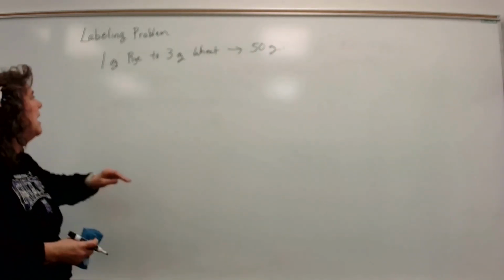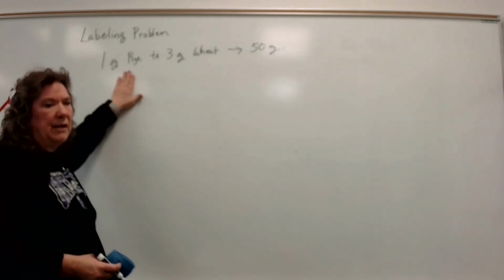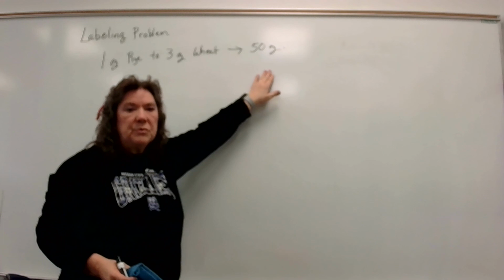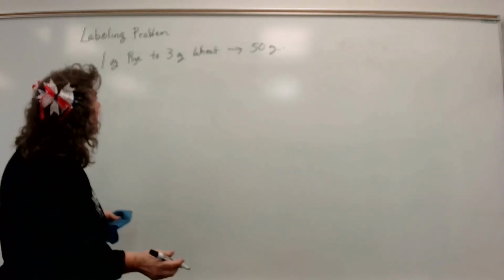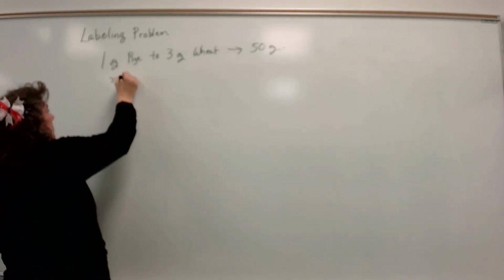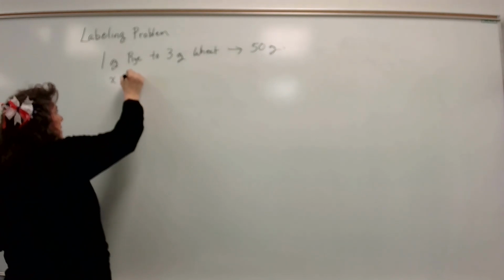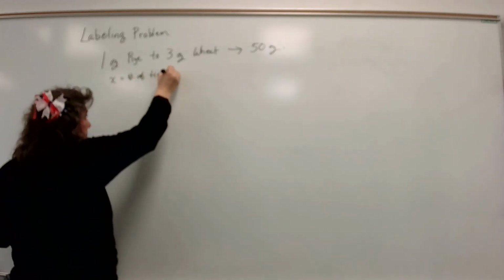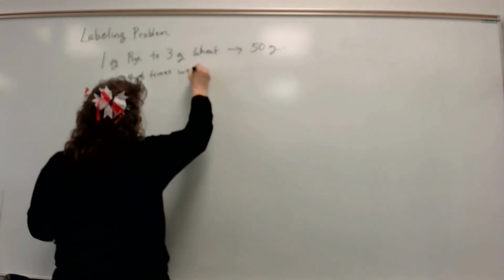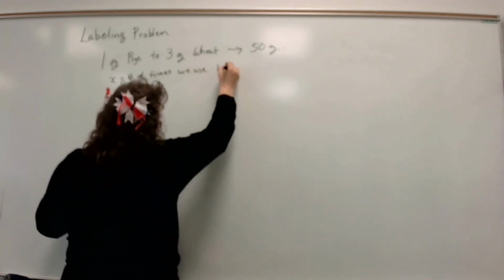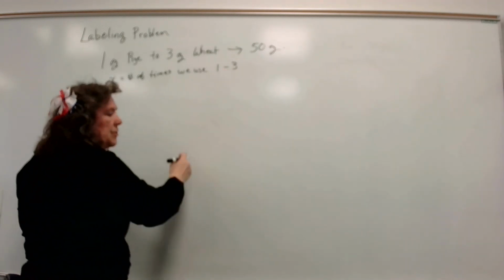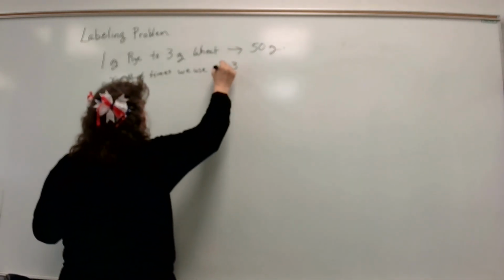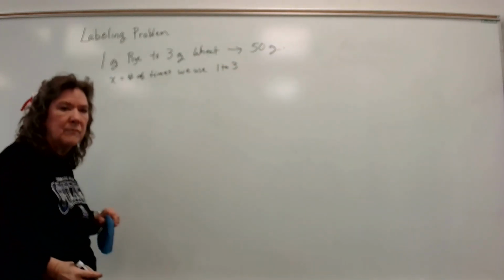So how many ounces of rye flour do we need, and how many ounces of wheat flour do we need to get to a 50-ounce loaf of bread? Now our X is going to represent the number of times we use 1 to 3, your 1 ounce to your 3 ounce, okay? I'll write the word times here to make it more obvious.